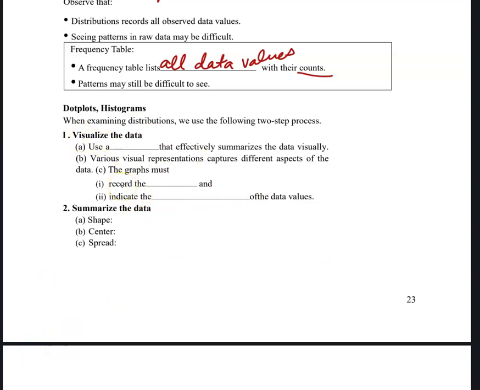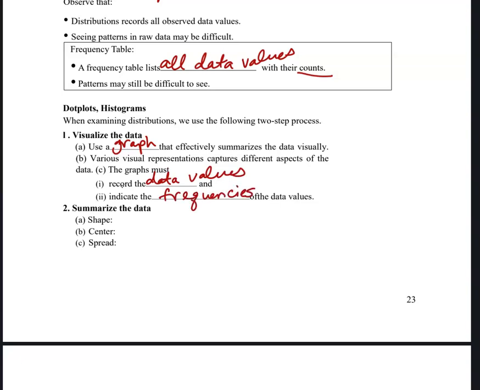We want to choose a graph that effectively summarizes the data visually, so a graph that's appropriate for the data. Various visual representations capture different aspects of the data, but all of the graphs must record all of the data values for that sample and indicate the frequencies for those data values.